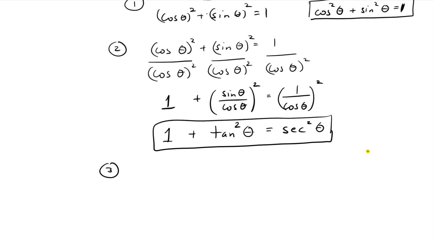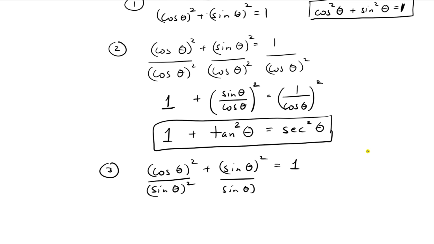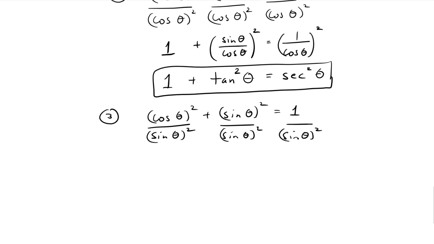Now there's a third one. I start again with my main Pythagorean identity. For the previous identity, I divided throughout by cos squared. Now I'm going to divide throughout by sine squared. And regroup this together as something squared.